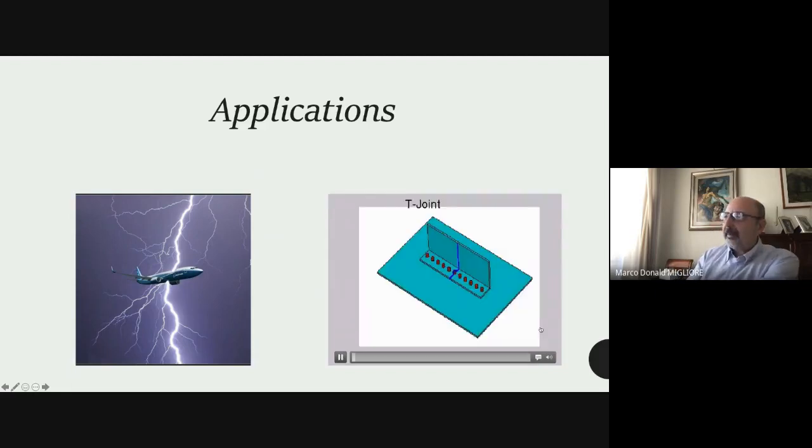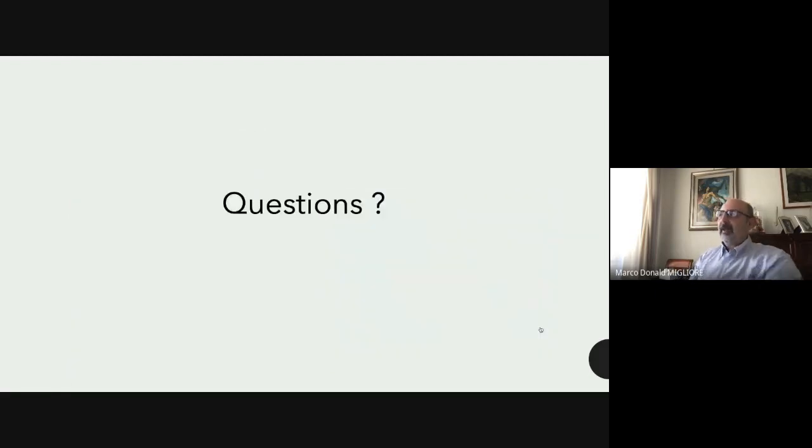Well, this concludes my presentation. This is a very short introduction to errors in the vector network analyzer, but the message that I would like to leave is that we have a lot of standard methods that work well.